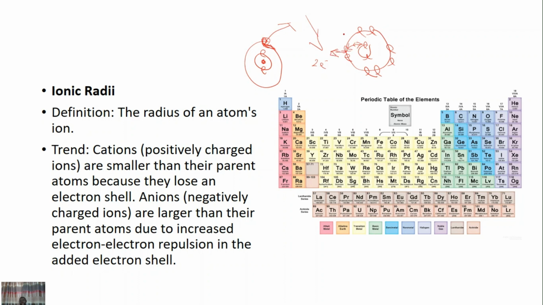When they push the shell further, what happens? The radius becomes more. So for anions, the ionic radii increase compared to their atom.